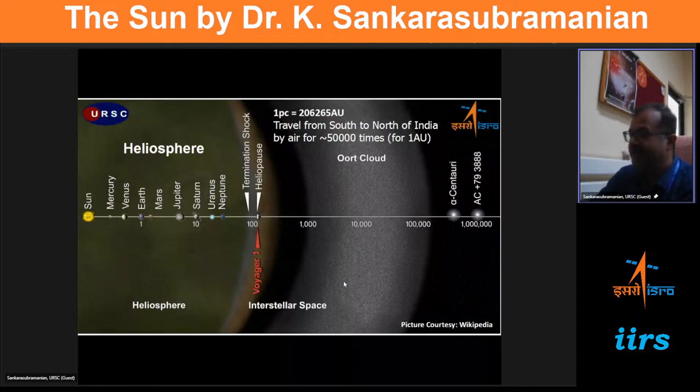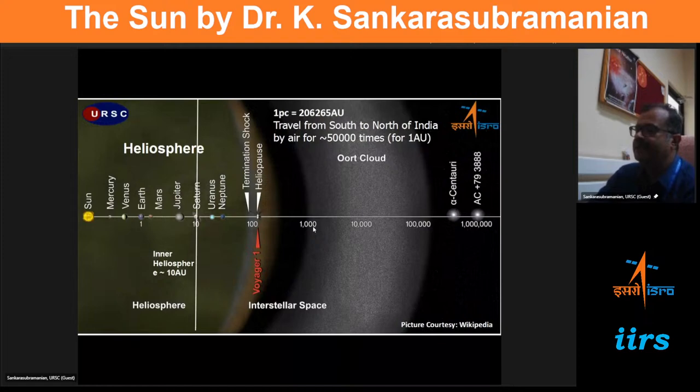These are all recent observations from the Voyagers, which have crossed our heliosphere and gotten into interstellar space. The heliosphere is split into two. One is the inner heliosphere, which is typically below 10 astronomical units, that is, 10 times the distance between the sun and the Earth. Anything above that, we call the outer heliosphere.